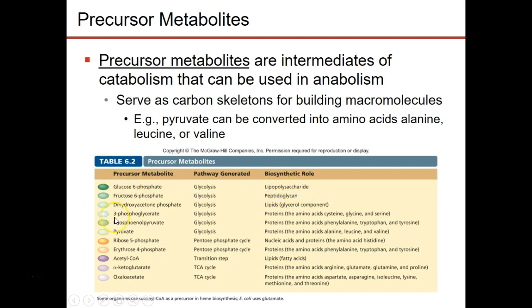Or down here, we have 3-phosphoglycerate. 3-phosphoglycerate can be used to produce amino acids. Pyruvate is the end product of glycolysis, but instead of moving into the citric acid cycle, we could take pyruvate and produce new amino acids.